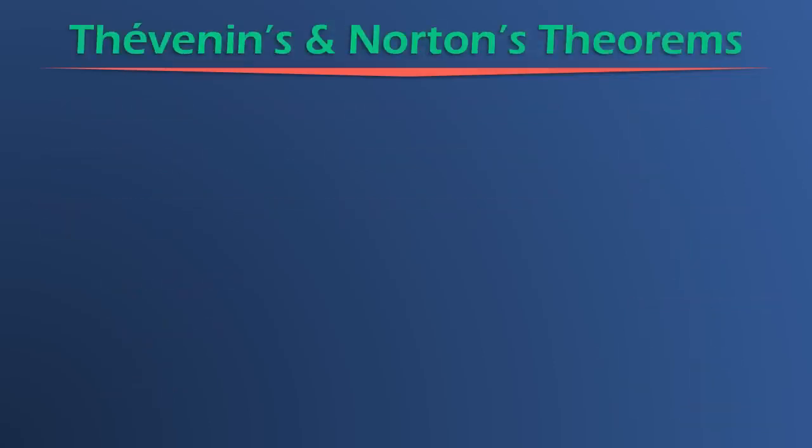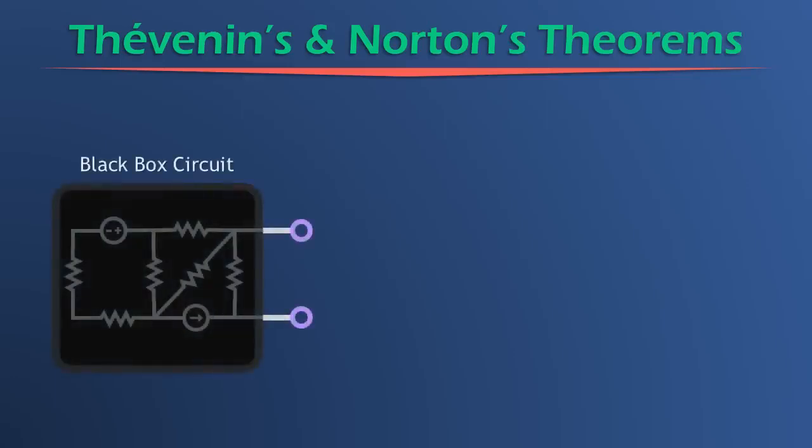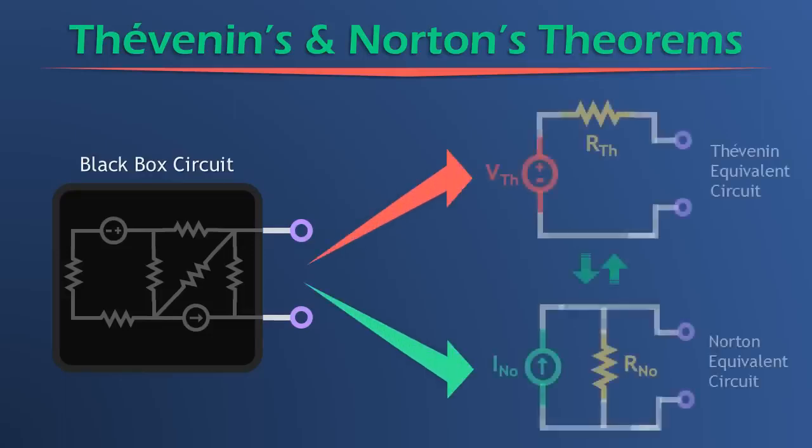So, Mr. Thevenin and Mr. Norton both created theorems that say very similar things. Basically, they say you can take any black box circuit consisting of voltage sources, current sources, and resistors, and convert it into a Thevenin circuit or a Norton circuit. And a black box is basically just some system or some circuit where you don't really care about the actual components inside of it.